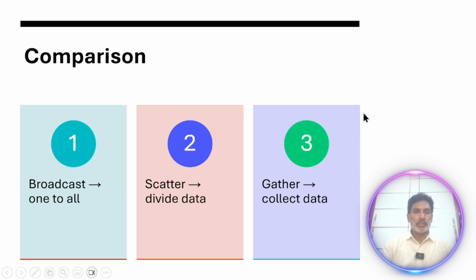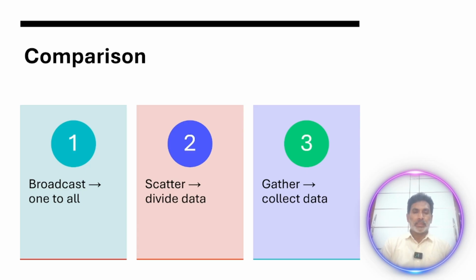Broadcasting means sending one to all, the same message is sent to all the processes. And the scatter is dividing. Let us take a simple example of a data set. The data set would be divided into blocks, and all the divided blocks are distributed across the nodes in a cluster. So that is how the scatter works.